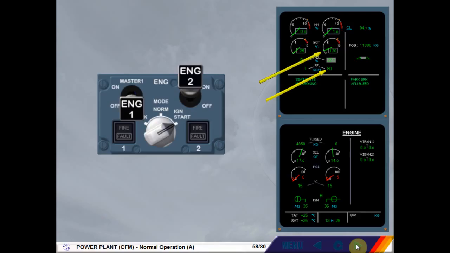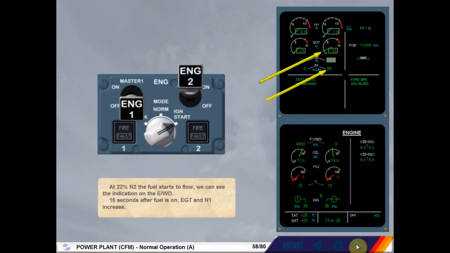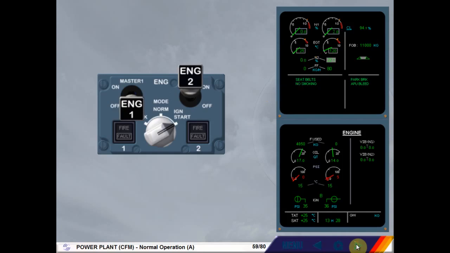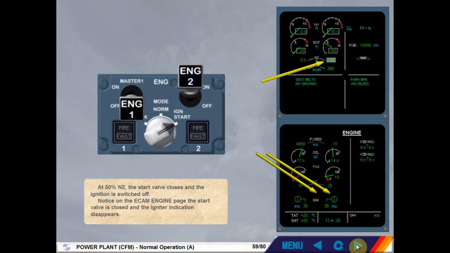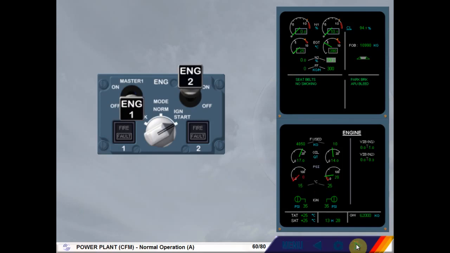15 seconds after fuel is on, EGT and N1 increase. At 50% N2, the start valve closes and the ignition is switched off. Notice on the ECAM engine page, the start valve is closed and the igniter indication disappears. N2 continues to increase.